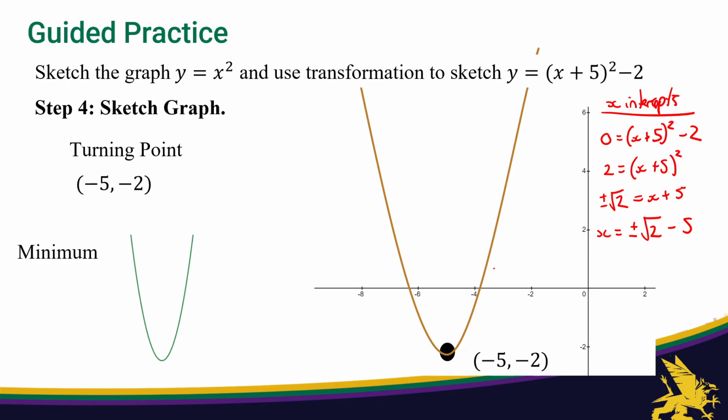It's approximately negative 3.5. I'm just going to write when x is square root 2 take away 5, y is 0. And then on the other side, negative square root 2 take away 5 is approximately negative 6.4.